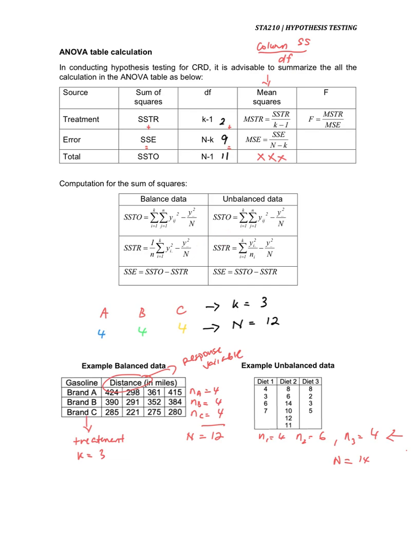The difference is only when calculating the SSTR for balanced and unbalanced data. Don't worry, later on I will show you an example of calculating all these values. Lastly, to find the SSE, SSE is given by SSTO minus SSTR. So you need to find SSTO and SSTR first, then you can calculate the value of SSE.